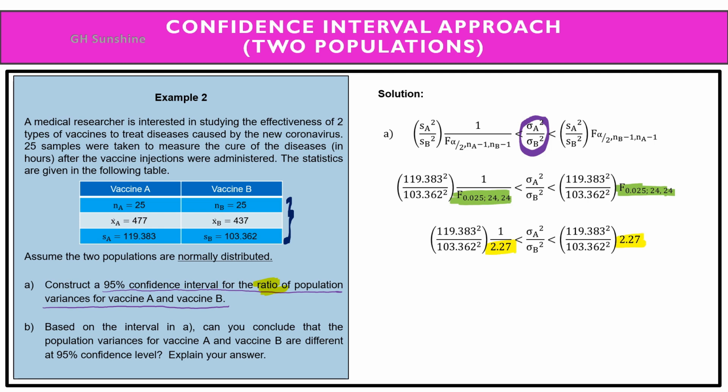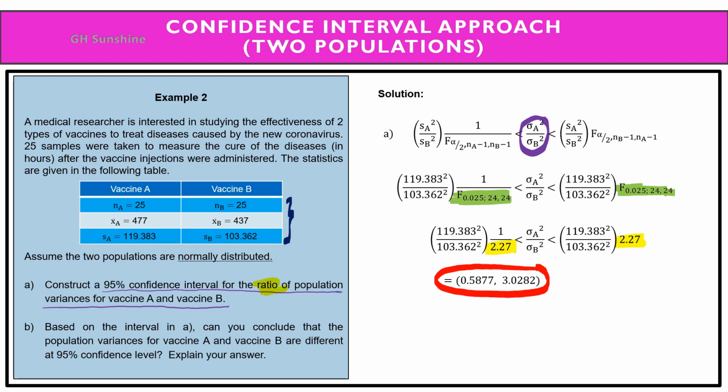Why? Degree of freedom equal to 24 for each vaccine. A 95% confidence interval for the ratio of population variances for vaccine A and vaccine B is between 0.5877 and 3.0282.